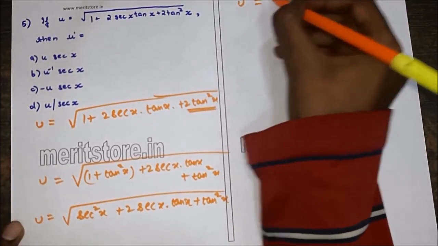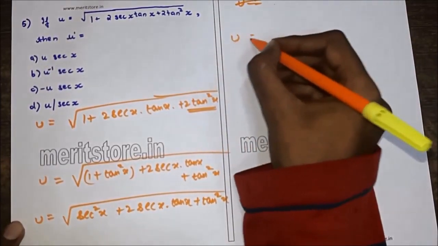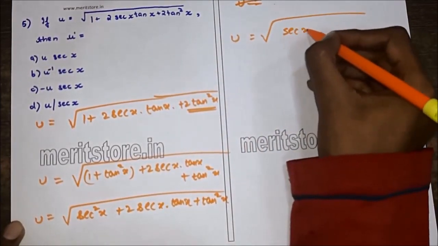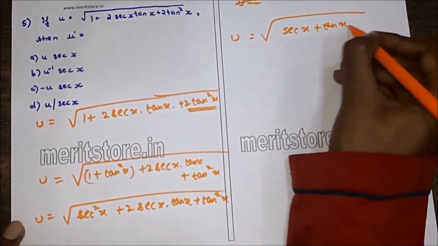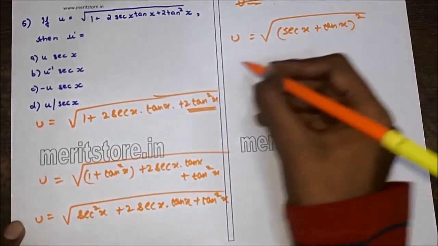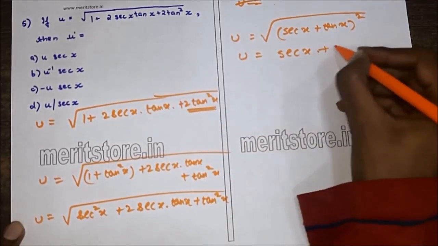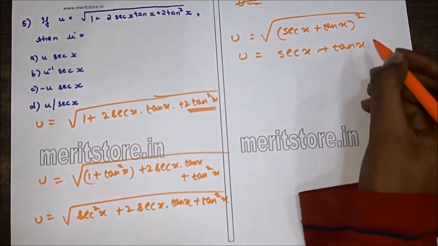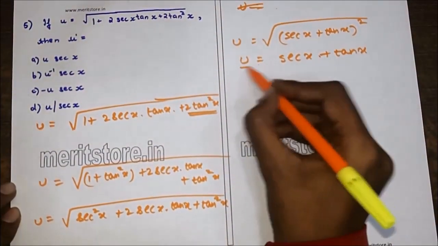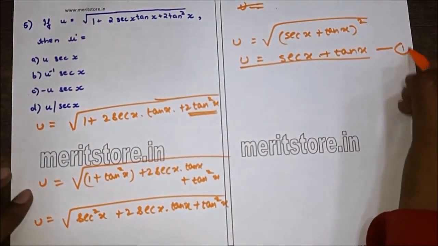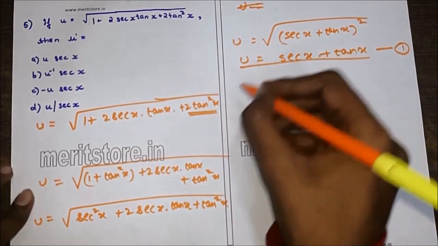So this is u equals root of sec x plus tan x the whole square. So u is equal to sec x plus tan x. So this is the simplified form of u. So let this be equation 1. Now we differentiate it.